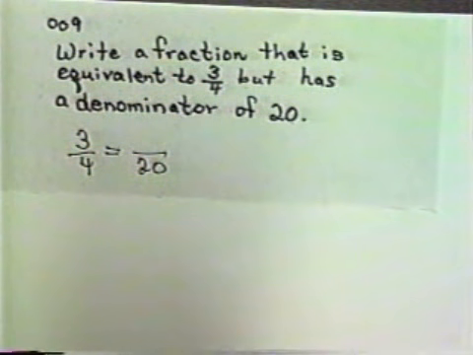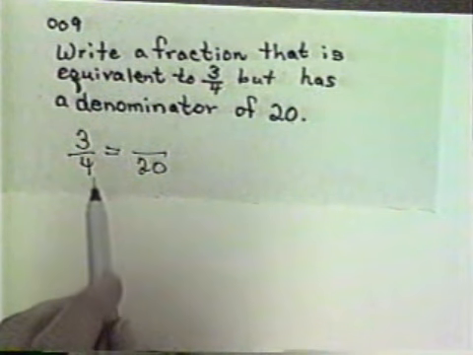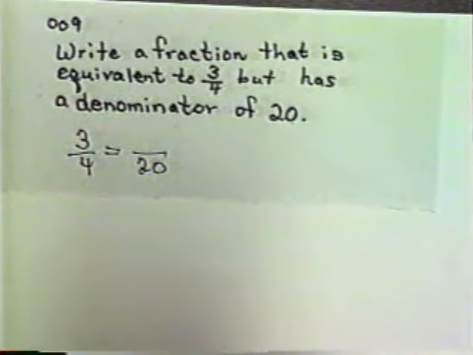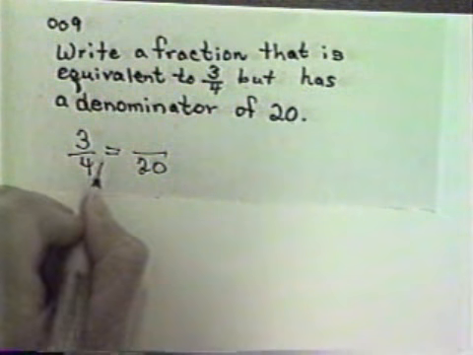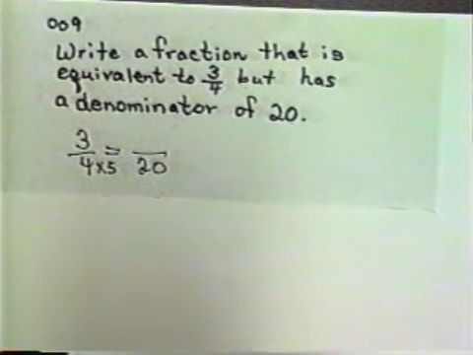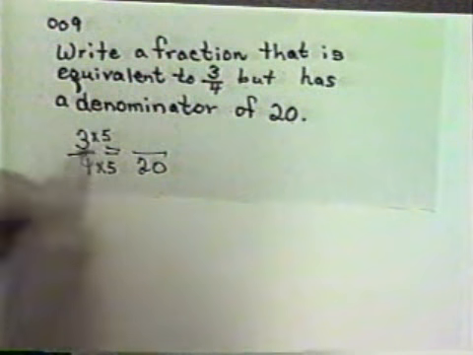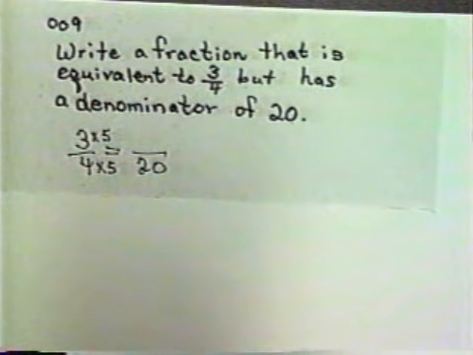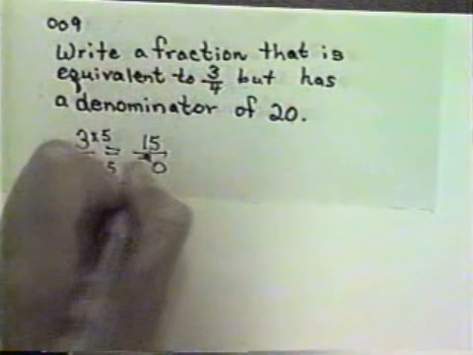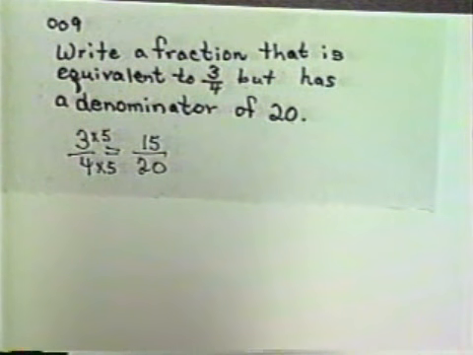In order to do that, we have to decide, what do we multiply 4 by to get 20? Well, we can tell that that's 5. So if we multiply 4 by 5 to get 20, to come up with an equivalent fraction, we've got to multiply the top by the same thing too. So if we multiply it by 5 also, we'll get 15. So 15/20 is the fraction that's equivalent to 3/4, but has a denominator of 20.